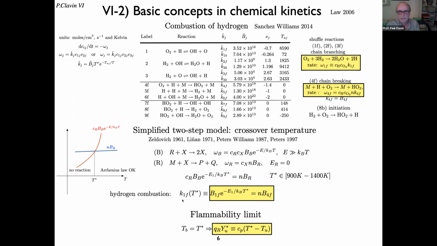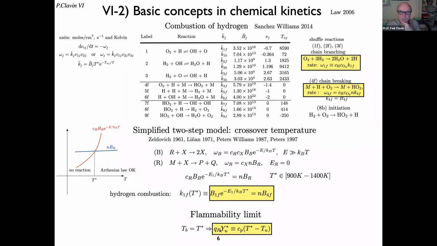But the temperature of the flame, the burned gas temperature, depends on the composition. So there is a critical composition, which is written here, just to get an idea of how it works.